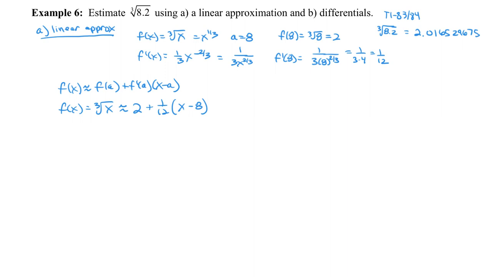All right, so if we wanted to figure out the cubed root of 8.2, well, that's going to be about equal to 2 plus 1/12 times 8.2 minus 8, right? That's equal to 2 plus 1/12 times, well, that's going to be 0.2, or 2 over 10.